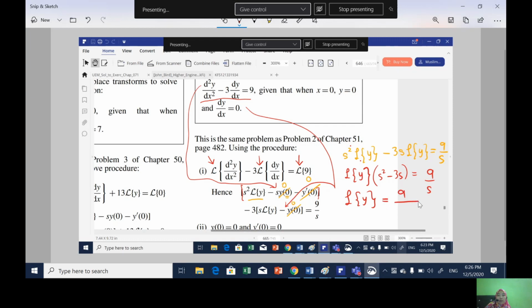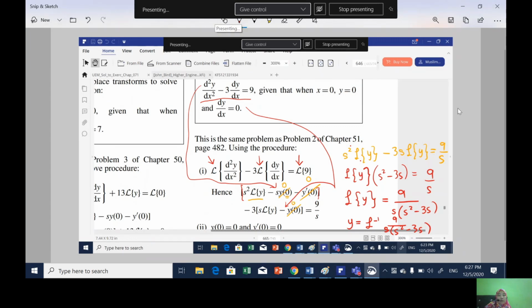Then we have 9 over s squared minus 3s times s. So if we want to find the solution of y, we find the inverse of the right hand side. Here we have order 1 and a quadratic, but when we multiply out, that becomes a cubic.